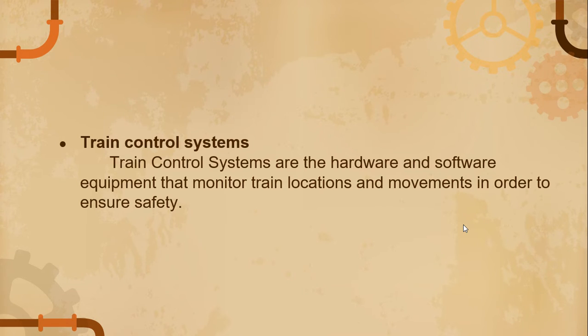Train control systems are the hardware and software equipment that monitor train locations and movements in order to ensure safety. So, kahit sabihin natin mas convenient and mas mabilis tayo makakarating sa mga trains, syempre may mga control system sila para ma-ensure natin na meron tayong proper monitoring of our safety and our location.